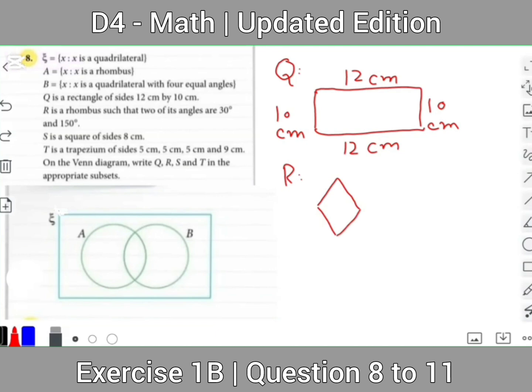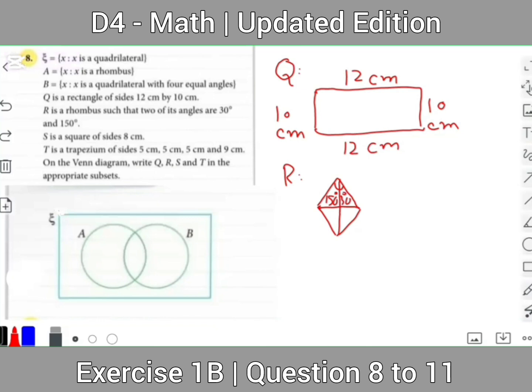Two of its angles are 30 degrees and 150 degrees as given in the question. So its two angles will be 150 degrees and 30 degrees, and they add up to 180 degrees.